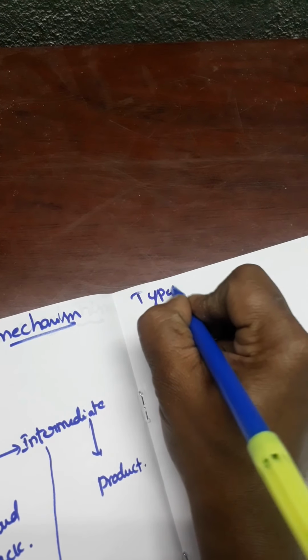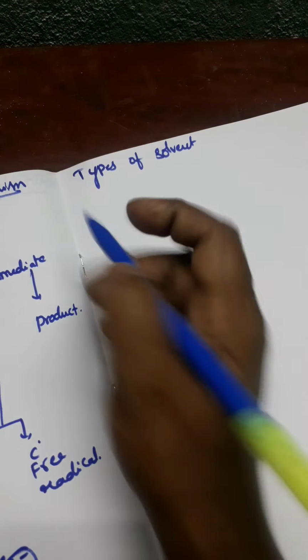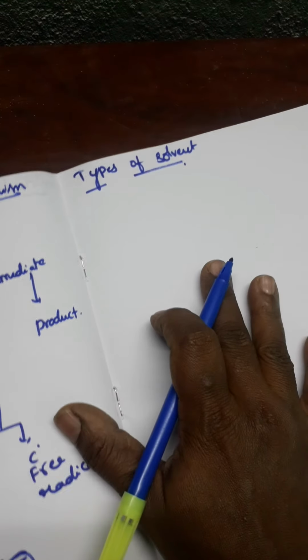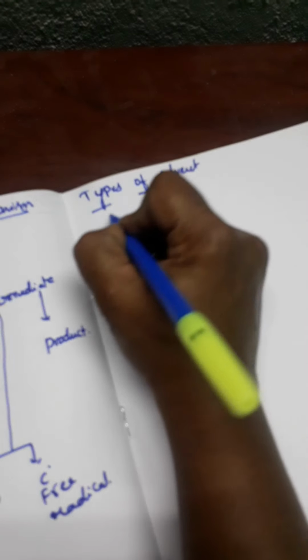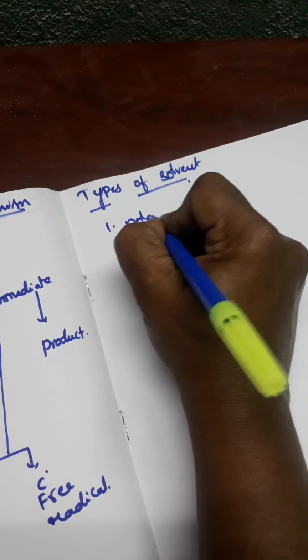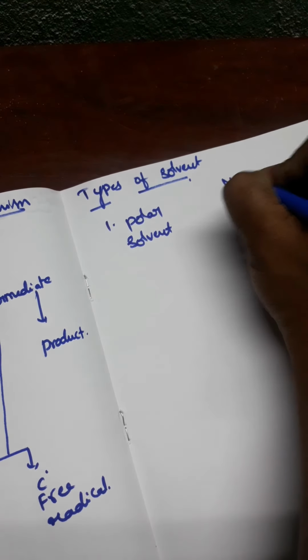The next one is about the types of solvents. Mainly there are two types of solvents. The first one is the polar solvent, and the second is the non-polar solvent.